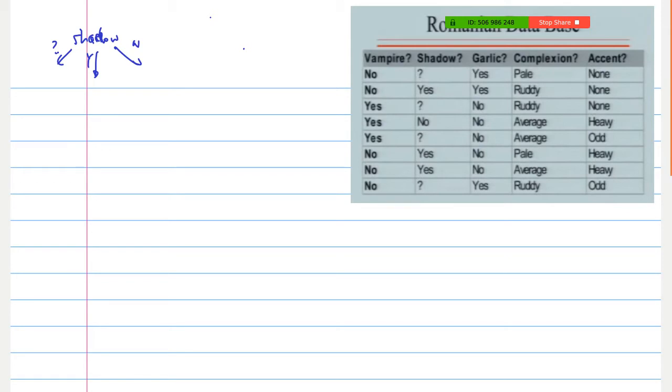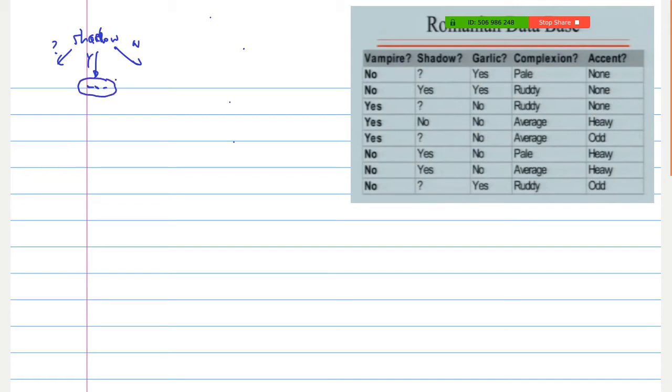For those with shadow, all the results are negative. This one has a shadow, this one with a shadow. For all of those with shadows, it's not a vampire. So I have three negative results here.